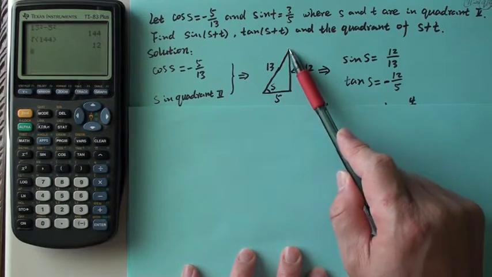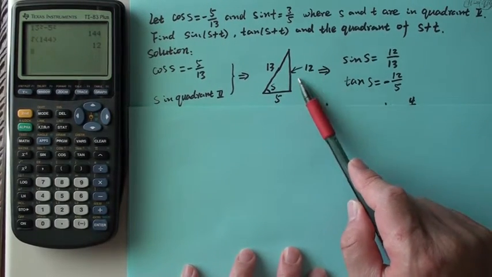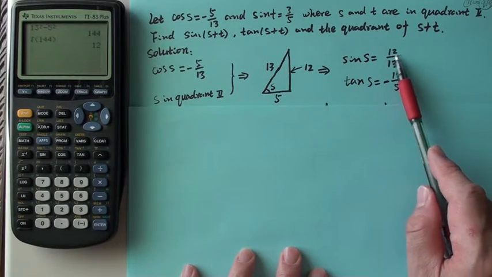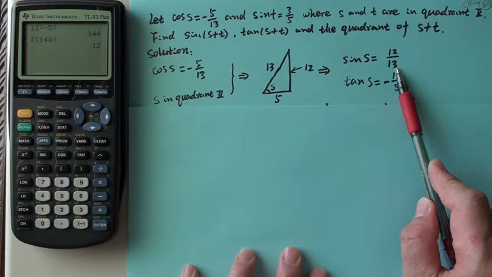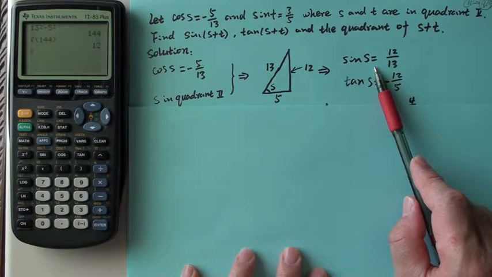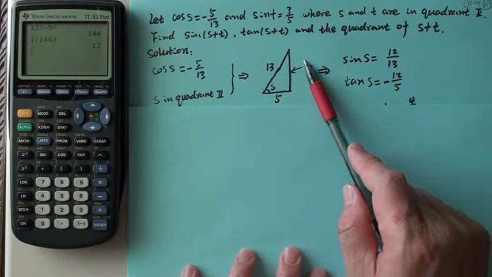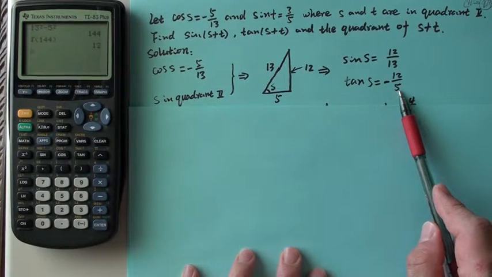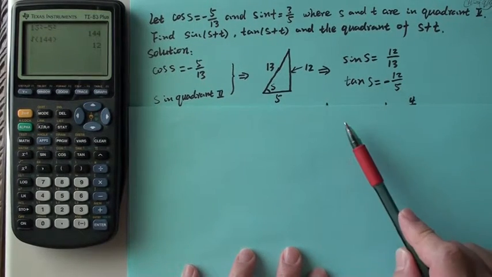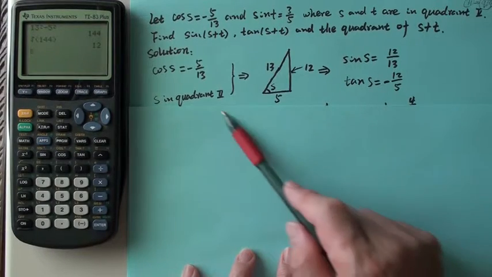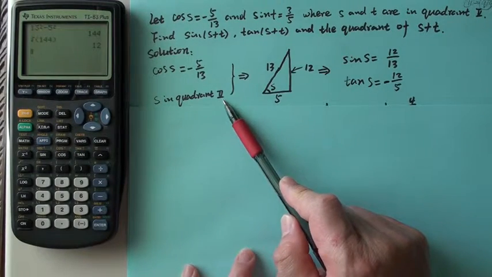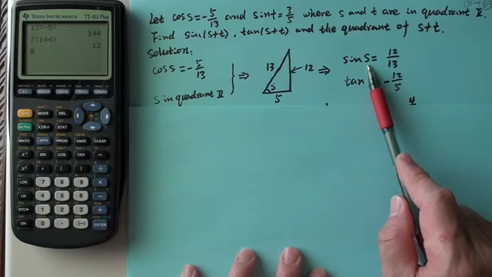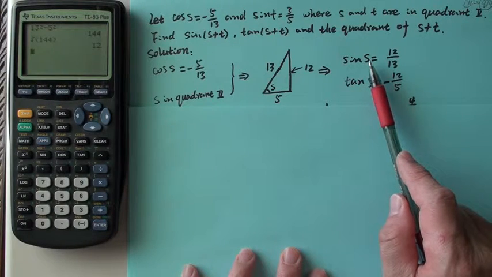Now, in a right triangle, if you know the opposite side of this angle, then 12/13 will be sine. And the tangent will be opposite over adjacent, 12/5. But things are not that simple, because in quadrant 2, sine s is positive. Sine is positive in quadrants 1 and 2.